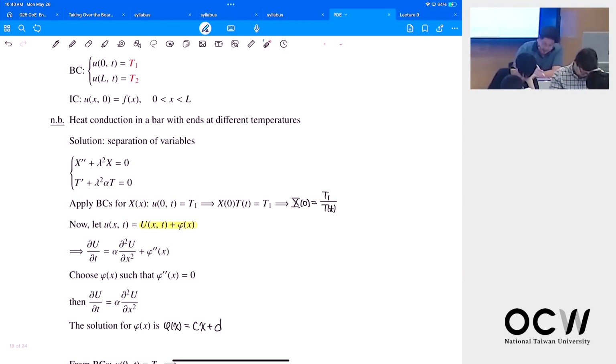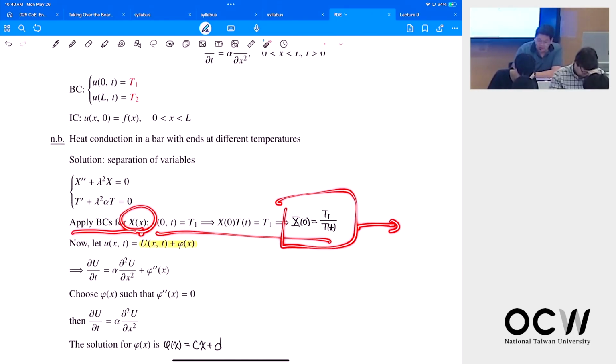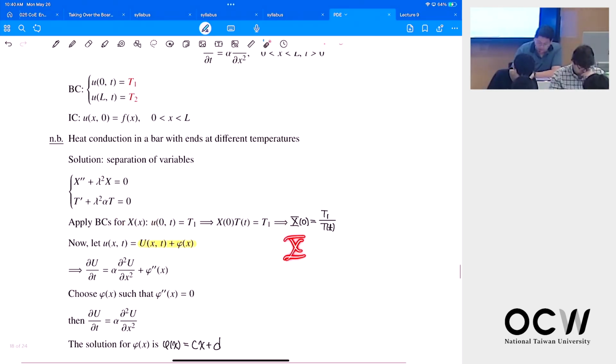You see that actually if we apply the boundary conditions for x and we got this, then we cannot continue. So that's why we say that my solution u is the capital U plus the phi of x, just an additional term.